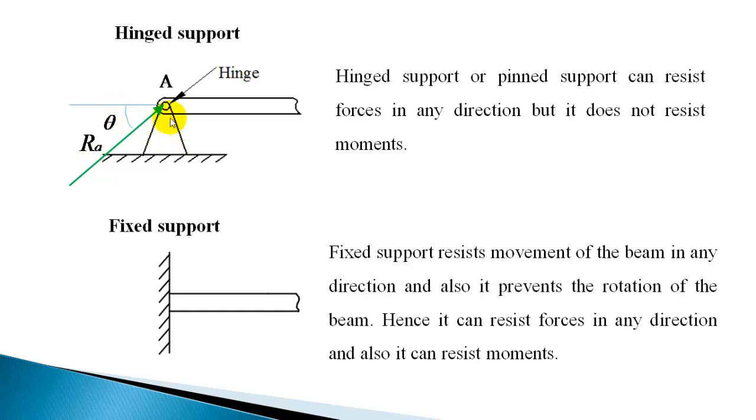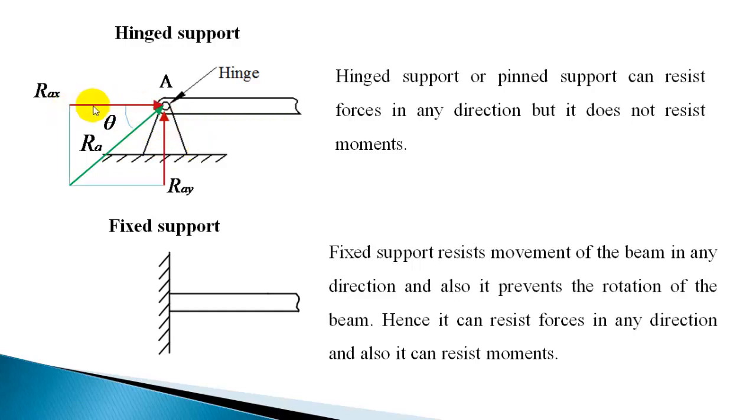In the case of a roller support it was only one unknown, the direction was known, but in this case the direction is also unknown, the magnitude is also unknown. So instead of treating it as a single unknown force and unknown inclination, you often resolve this force into components and treat it as x component and y component.